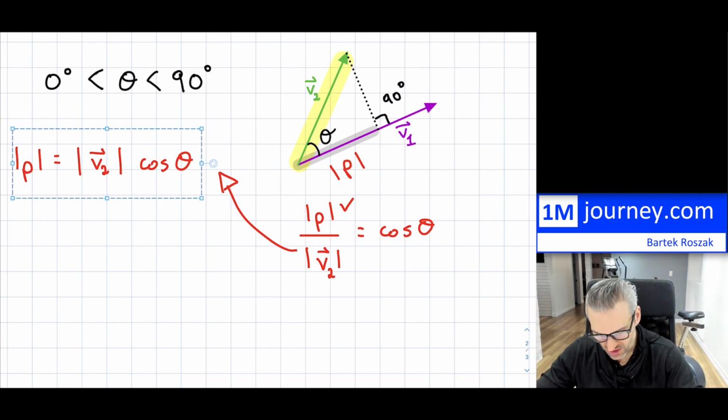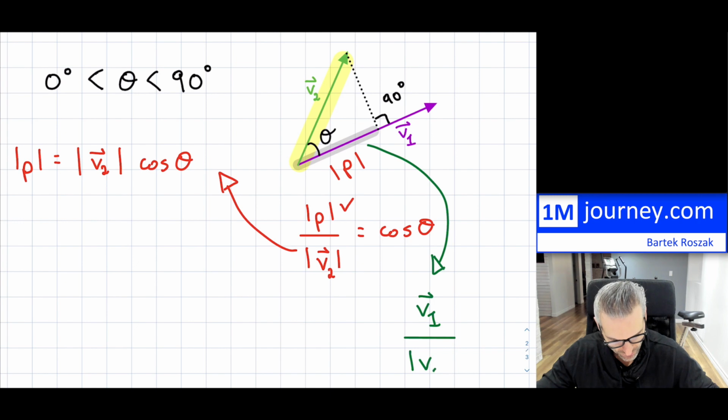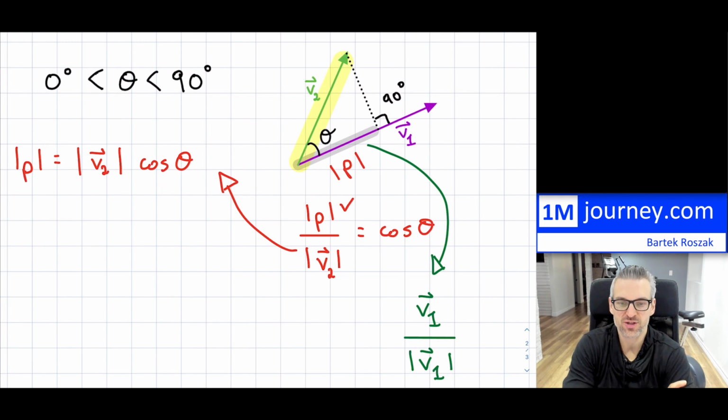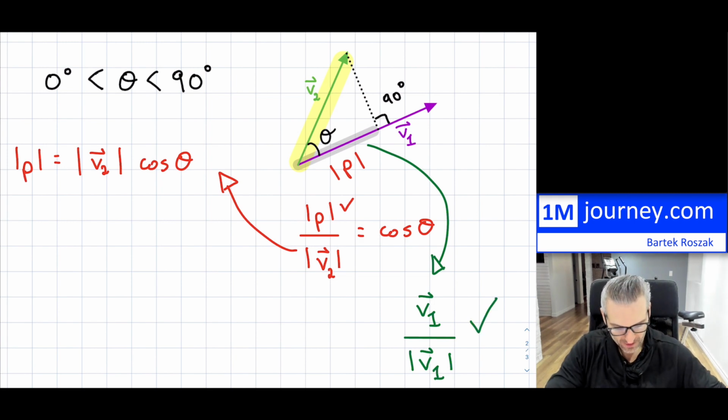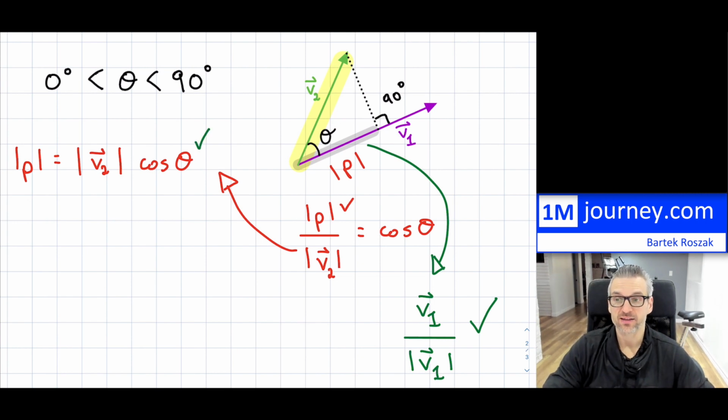So bringing those things together, my unit vector in this direction is nothing else but v1, which you have right there, divided by the magnitude of v1, and this is just the unit vector in that direction. So I have the unit vector, I have the magnitude, and if I multiply the unit vector by the magnitude, I'm going to have that projection.